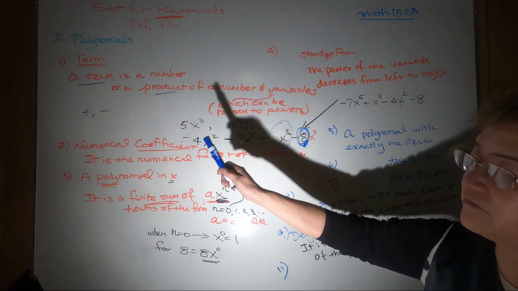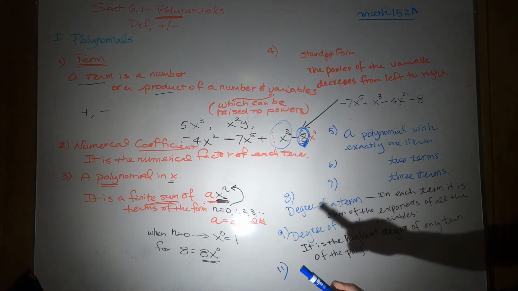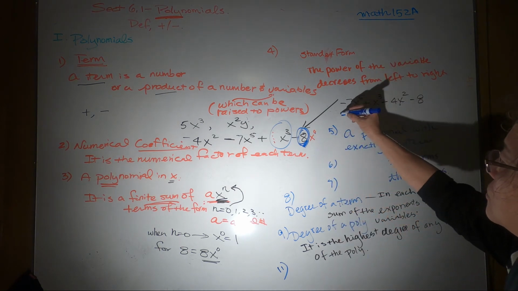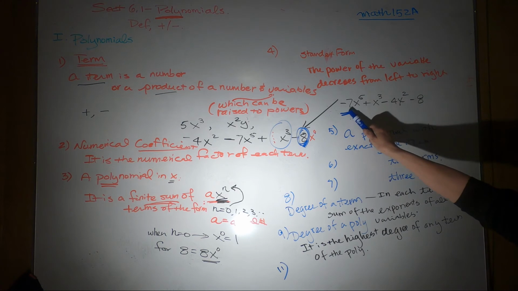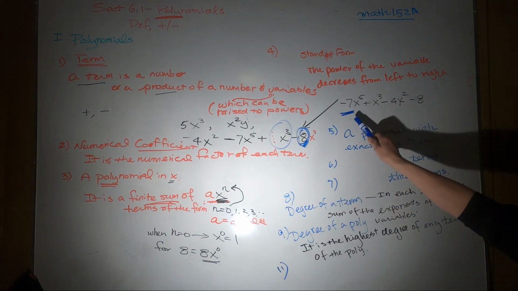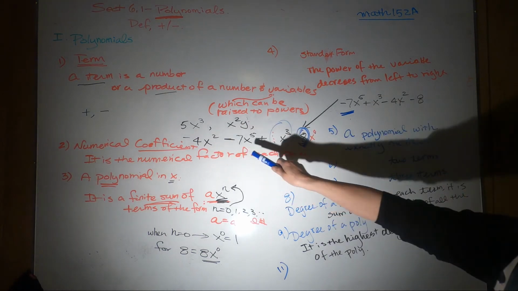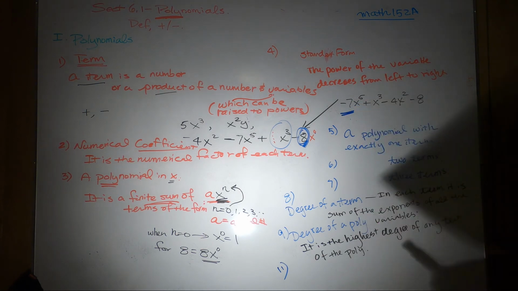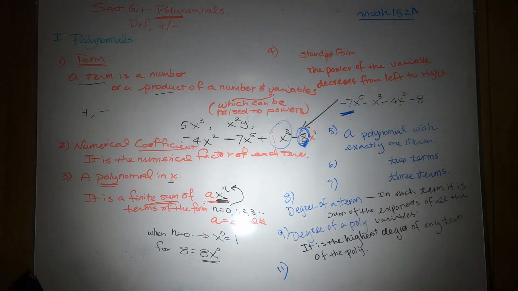You don't say it's -4 because we wanted to talk about standard form. For standard form, who is leading? Actually, it's -7. So for this poly, the leading coefficient is -7. Okay? So those are the terms we use when we deal with polynomials.